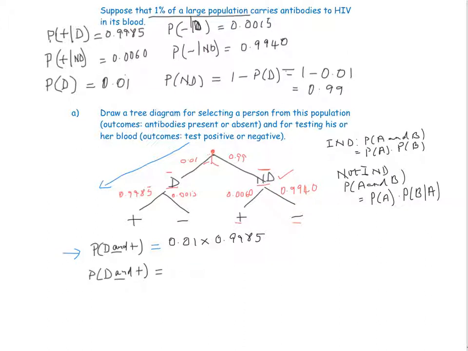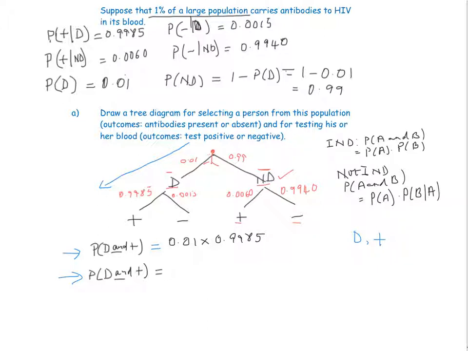Now if we had to find the probability that someone has the disease and shows positive in a more formal way, that is using the multiplication rule, we would first have to decide whether the two events, having the disease and showing positive, are independent or not.